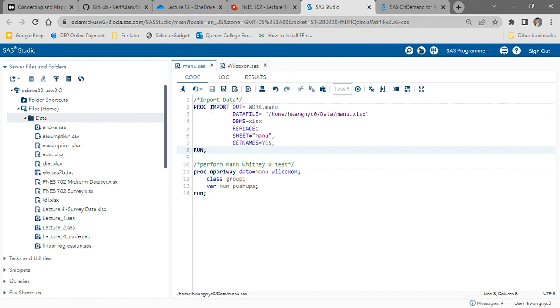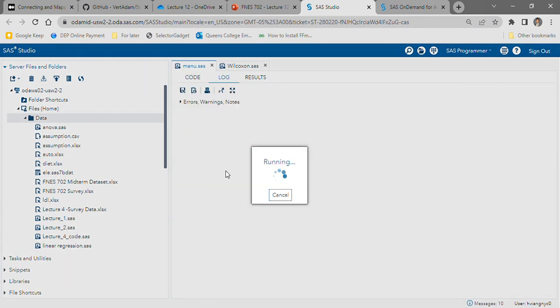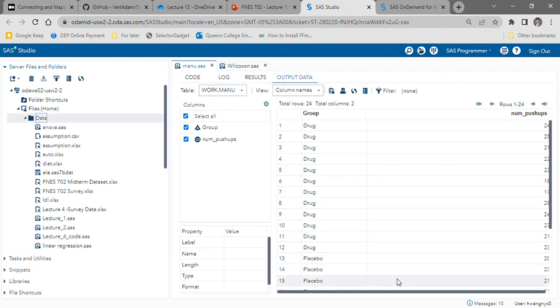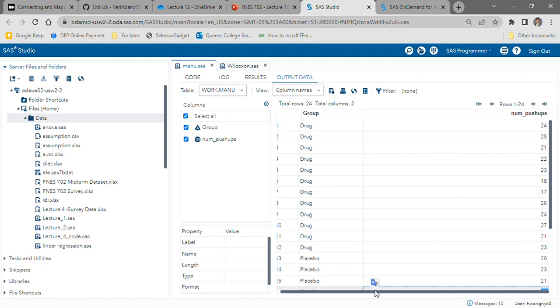And we're going to name the file that we're going to import work.manu, the data path. We're going to change the Excel file, and we're going to change the sheet name. We're going to highlight that, and give it a running man. And now let's take a quick glance at our data set.